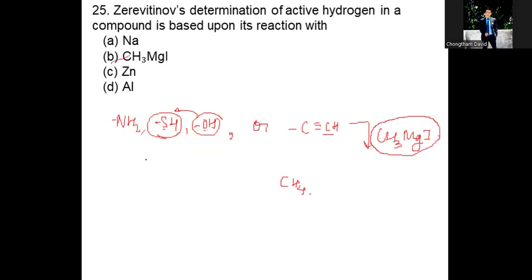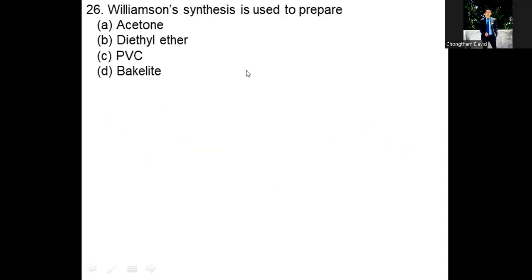Right. Next, question number 26. Williamson synthesis is used to prepare, we have done this before, diethyl ether. You can write the reaction if you want to.